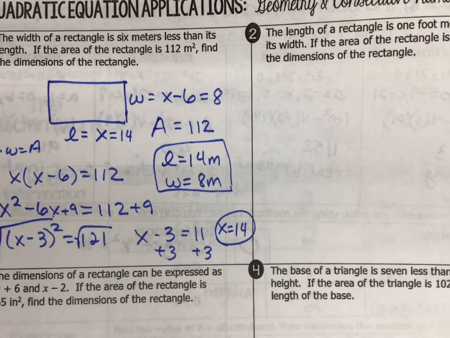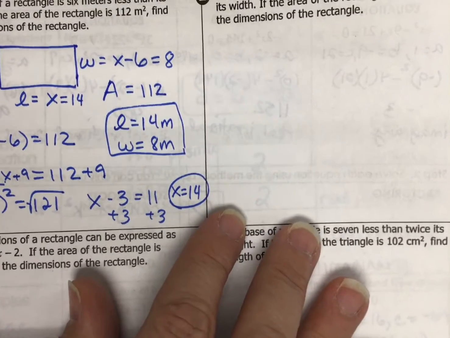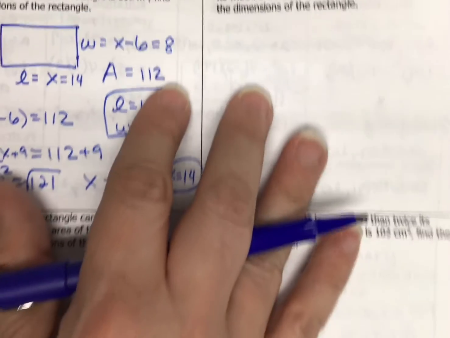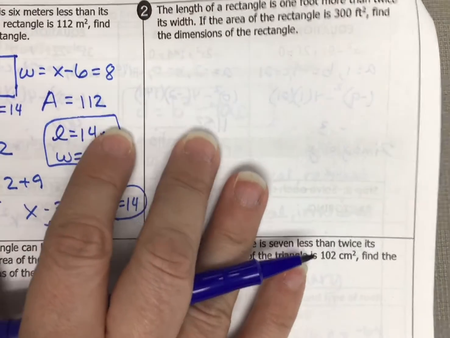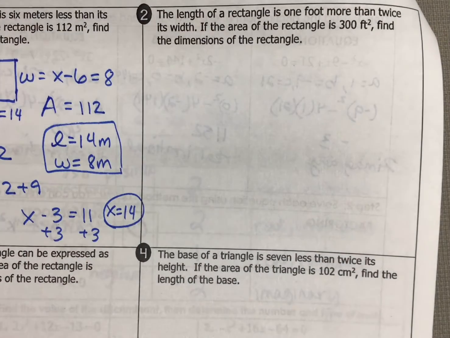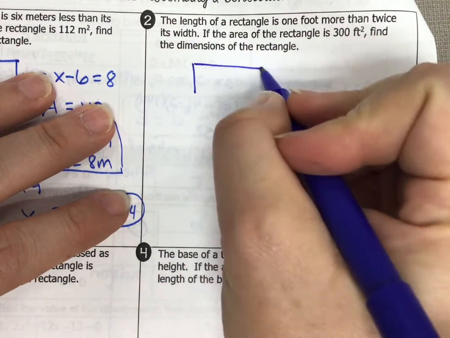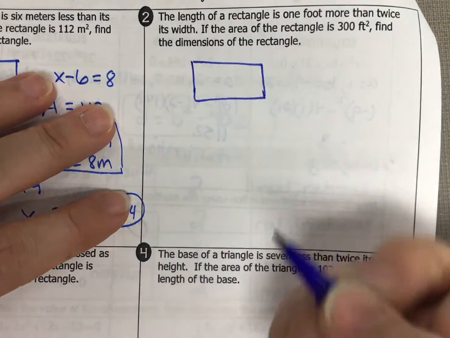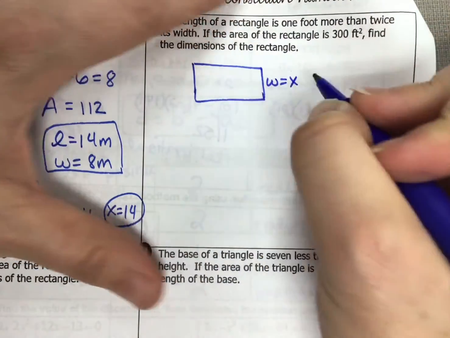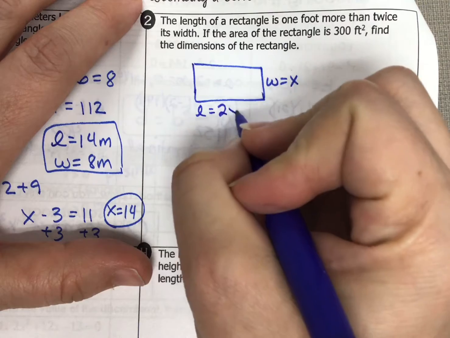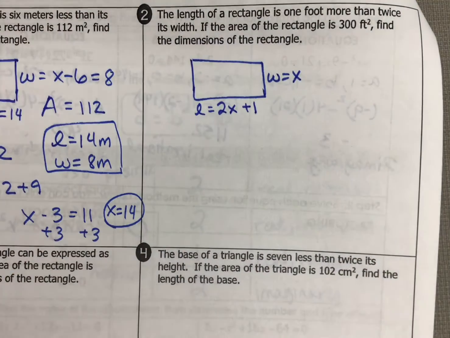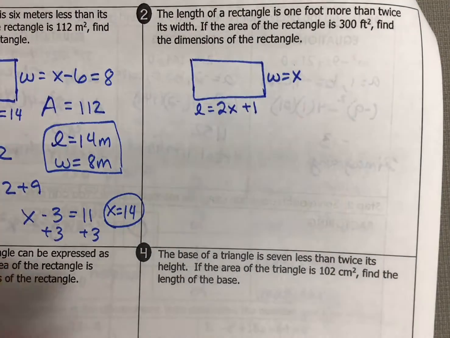Okay, number 2 is a similar type of problem. It says the length of the rectangle is 1 foot more than twice the width. The area is 300. So you're going to draw a shape again. The width is going to be your x, and the length is going to be 2x plus 1, because it's 1 more than twice the width.